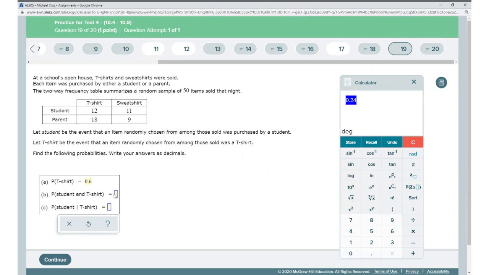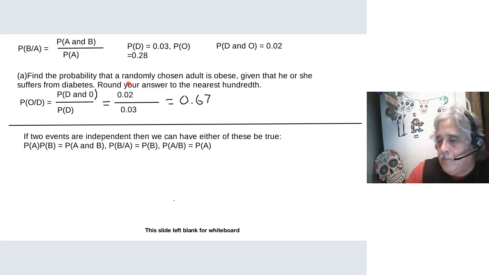All right. Now, let me go back. And we're going to use this again. We did the t-shirt and student. And then this one was, what was the first one? Whatever it was, but they did them in order.